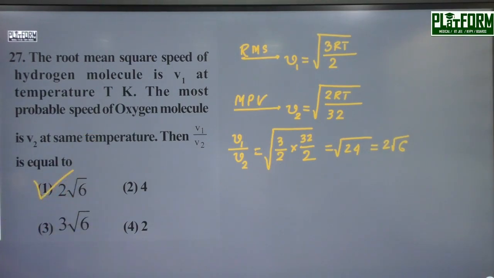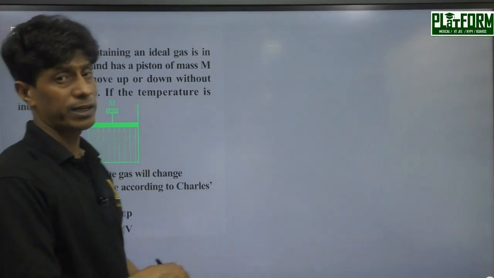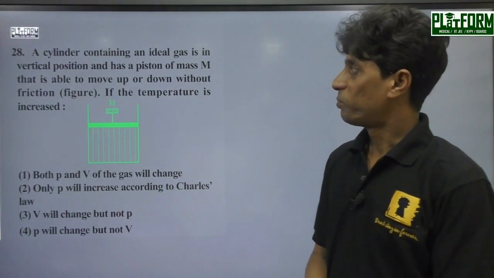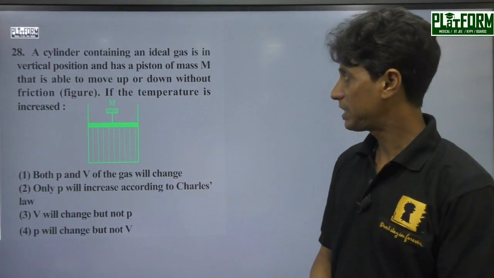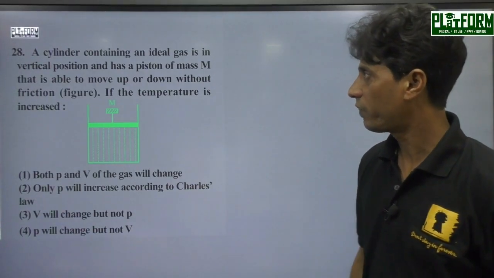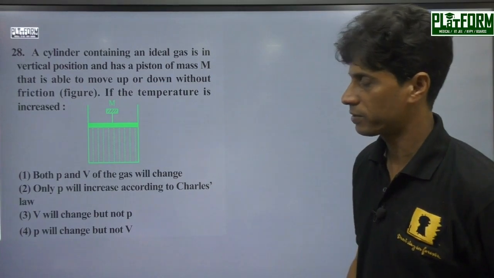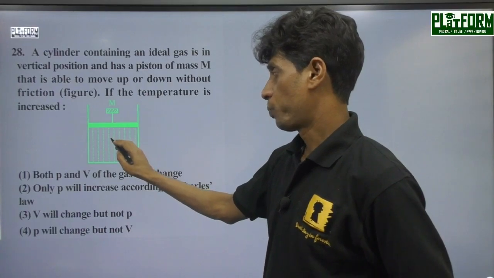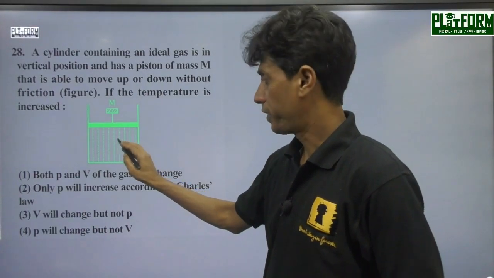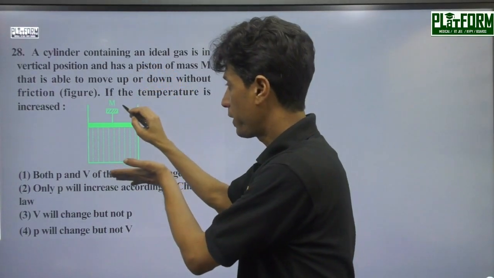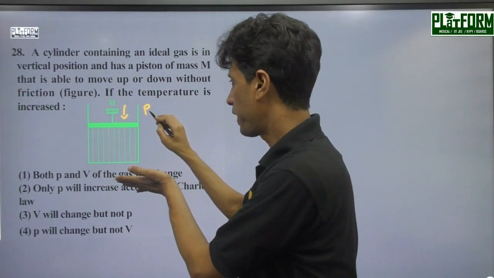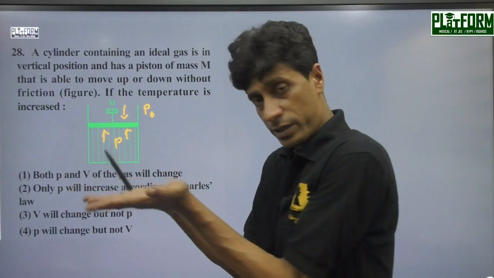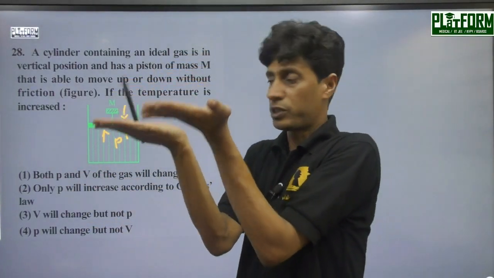Correct option is 1. Next, a cylinder containing an ideal gas is in a vertical position and has a piston of mass m that is able to move up and down without friction. The temperature is increased. If the temperature of this gas is increased, the pressure of the gas also goes on increasing, and because of the unbalanced pressure, with atmospheric pressure P atmospheric outside and pressure P here, it will exert an upward force on the movable piston, which can move without friction.